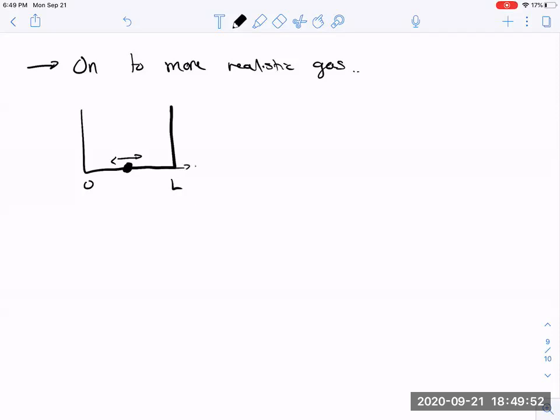Let's call that direction X. If I wanted to study that system under conditions, say, of fixed temperature, so the particle is surrounded by some bath, and I wanted to compute its partition function, just a single particle, well, I could imagine that that particle is heavy, so maybe it's classical.